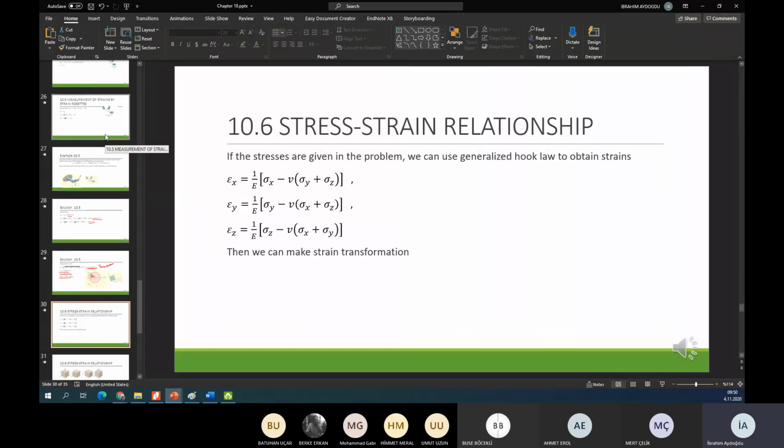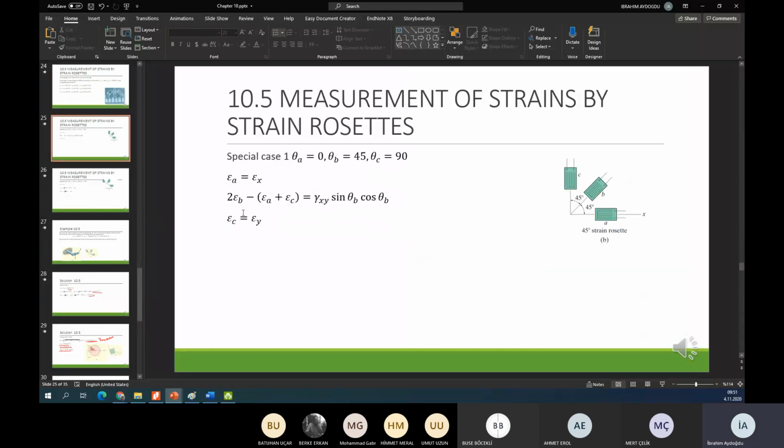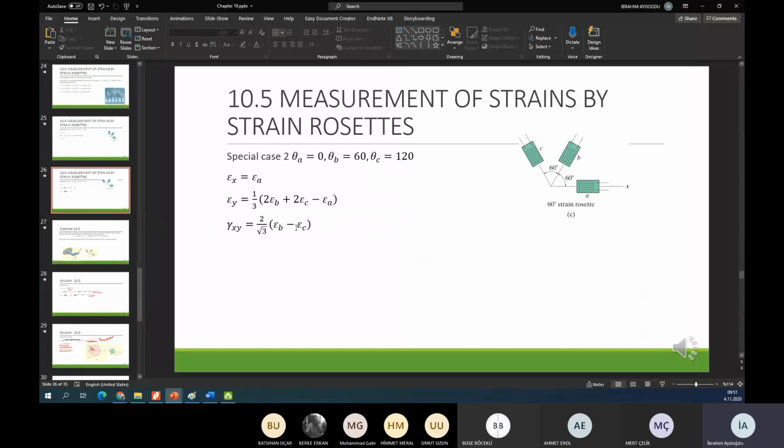Second, my question strategy is, please look at chapter 10.1 in my offline video. For different orientations, we compute epsilon x, epsilon y, and epsilon z by using formulations. This is a special condition.